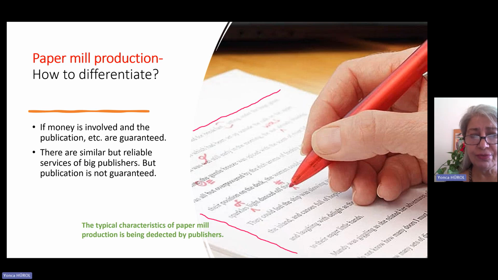There are quite a lot of strange characteristics of this paper mill production. So you should also be very much aware of these type of things, and you should not be involved in these type of things, and this might give harm to you as well. I will come to that issue later, how this can give harm to you.